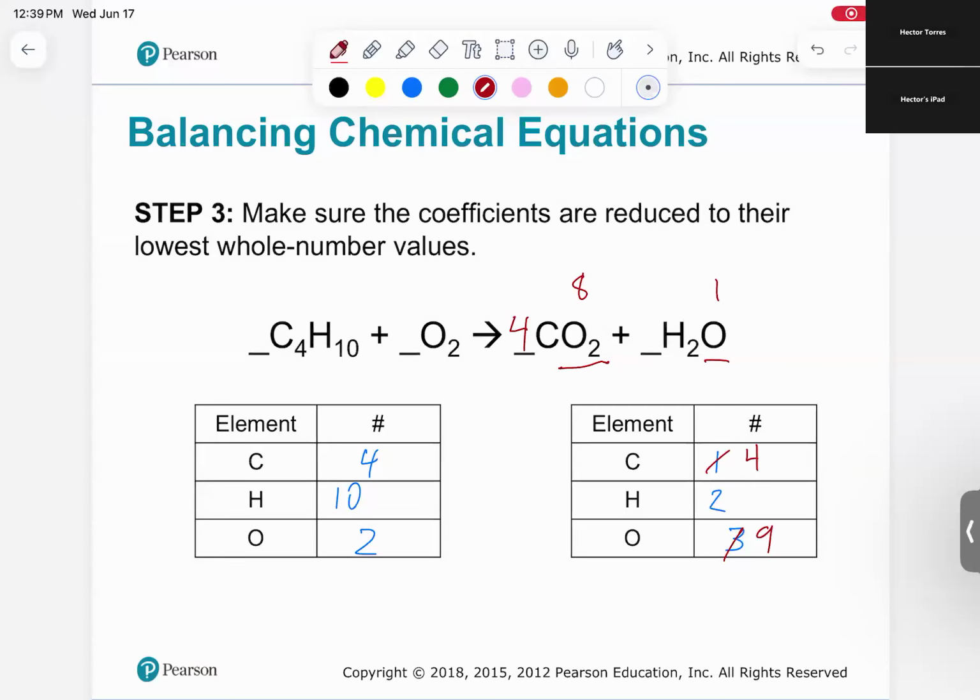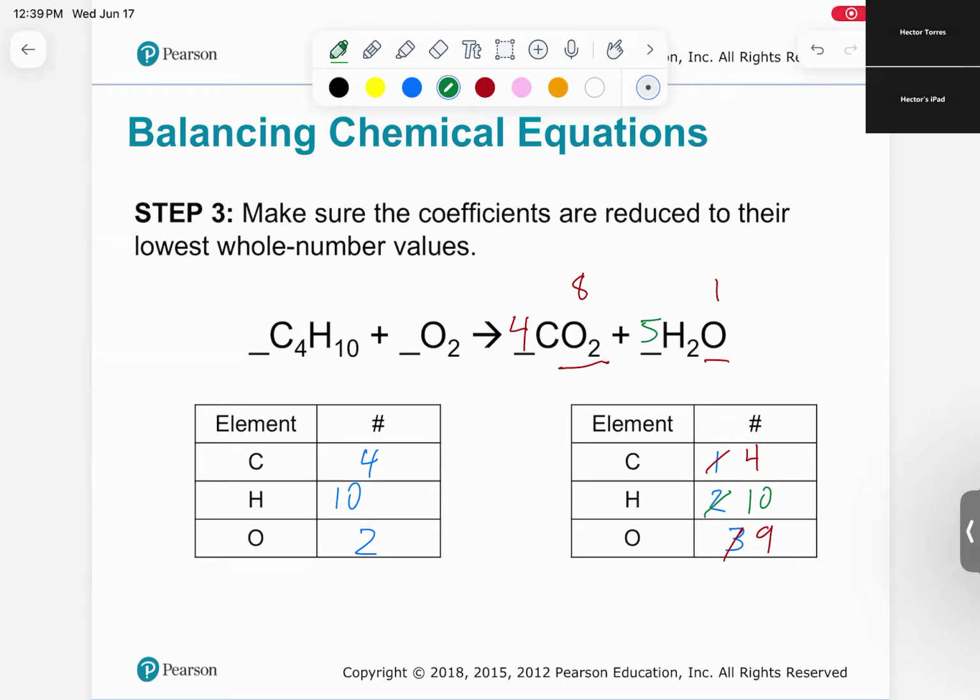Okay, now we need to fix the hydrogens. So for hydrogens, I have 10 here, and I have 2 here. So let's make those match. So I'm going to put a coefficient here of 5. So if I put a 5 there, now I have 10 hydrogens.